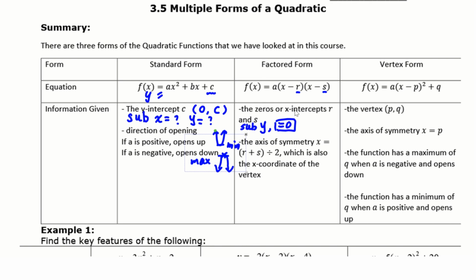Then you could factor it, or you use the quadratic formula to find the zeros. So this is how you find the y value, and this is how you find the x value. So sub in the y value, then let one side equal 0.